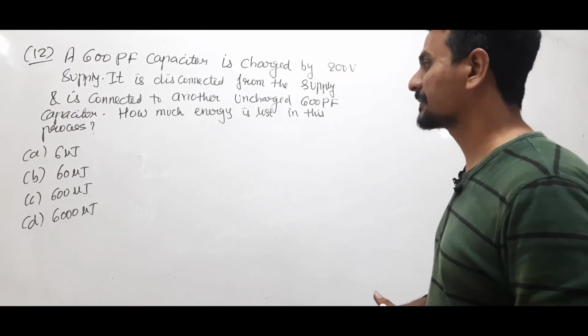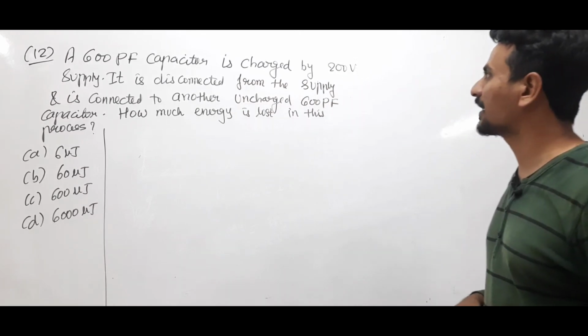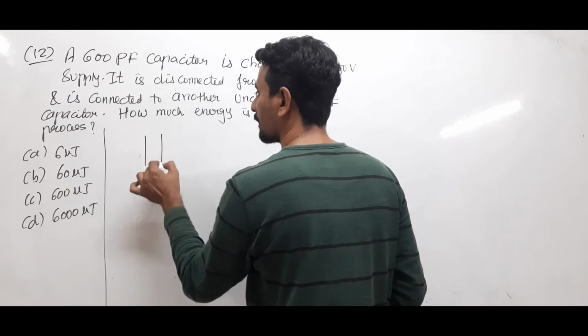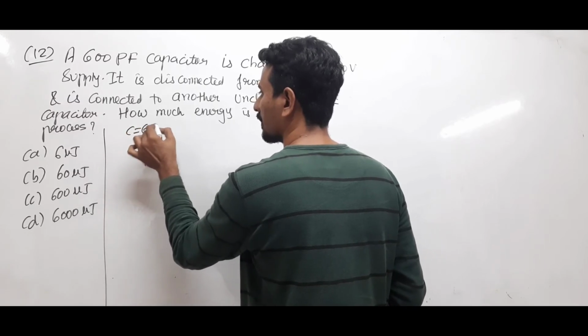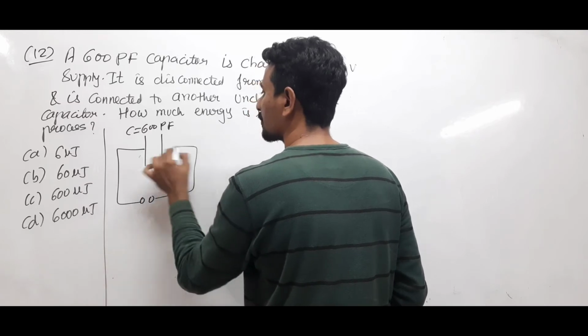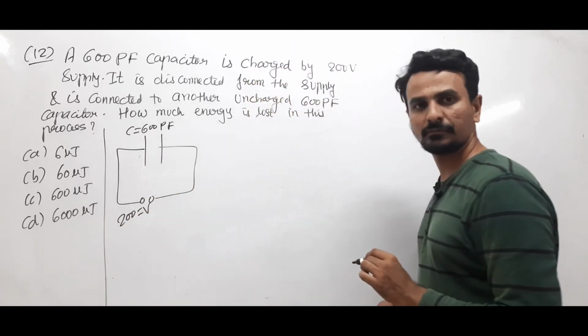The 12th one: a 600 picofarad capacitor is charged by a 200 volt supply. So this is your voltage, right?